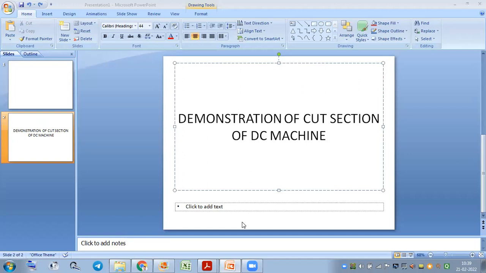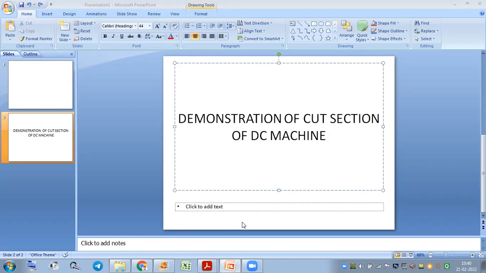Practically also, we do not see how the inner part of the machine works or looks like, because the inner part does not open when all the things are joined together, riveted together. So practically we do not see the internal part of the machine.